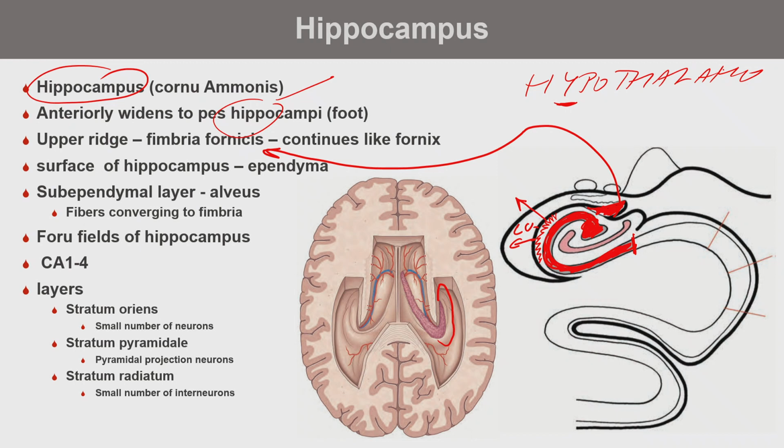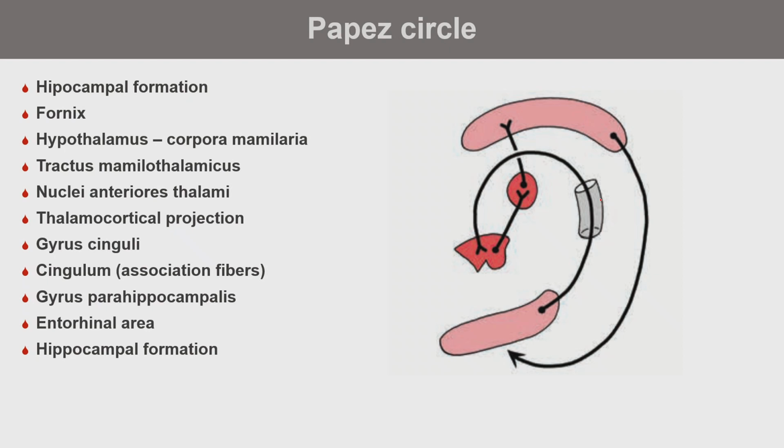So the layer between gray matter and ventricle in the hippocampus is called alveus. And those fibers converge into the fimbria mentioned above. So interesting communication of the hippocampal formation. So the hippocampus is then connected with the other centers.